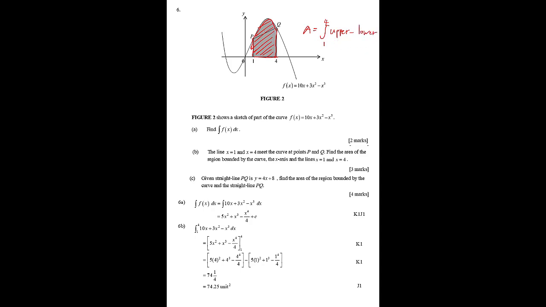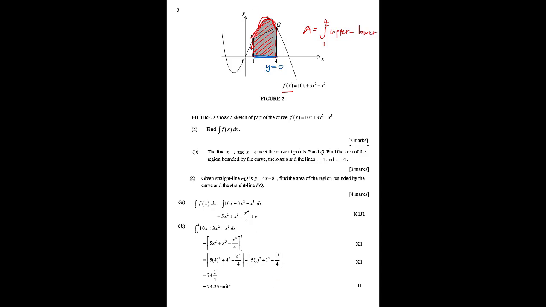So in this case, your upper function is actually the curve. The curve fx. And your lower function is here, which is your x-axis. So for the x-axis, meaning that y equal to 0.